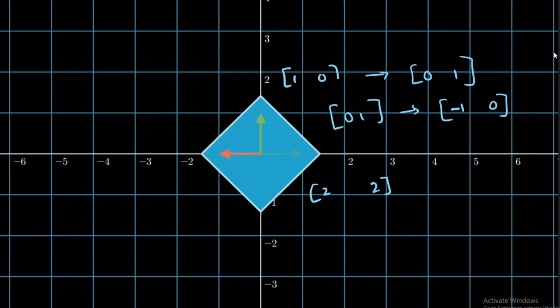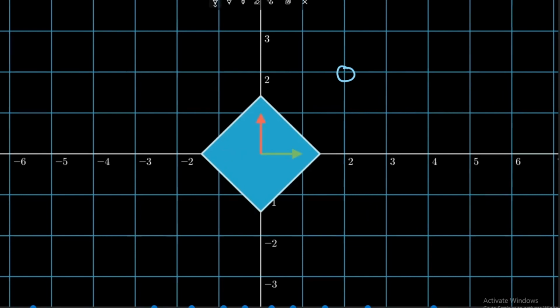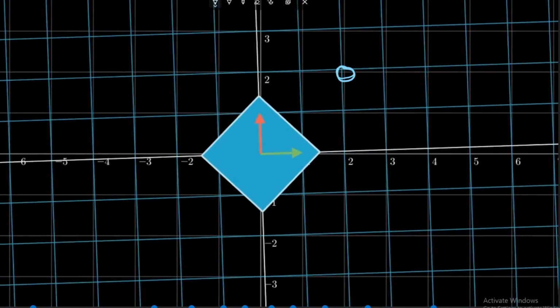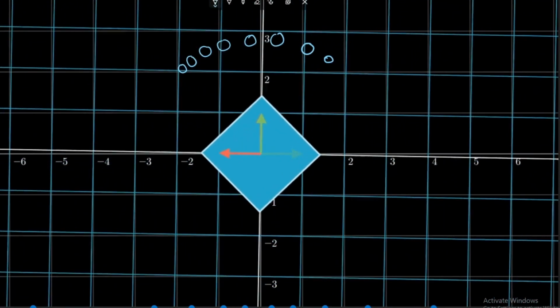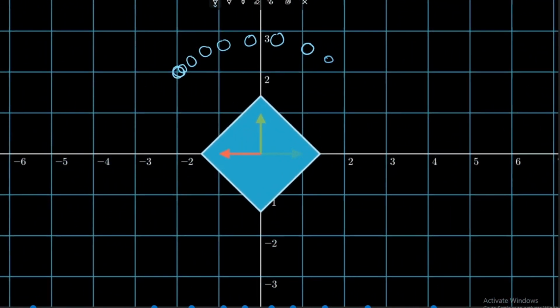Say vector 2, 2: it should land at 2 times 0, 1 plus 2 times minus 1, 0, which is equal to minus 2, 2. So as you go along with the transformation, the point 2, 2 which lies here initially, you can track and see where it lands finally. The point 2, 2 which was here initially, in the transformed coordinate system lies here at minus 2, 2.